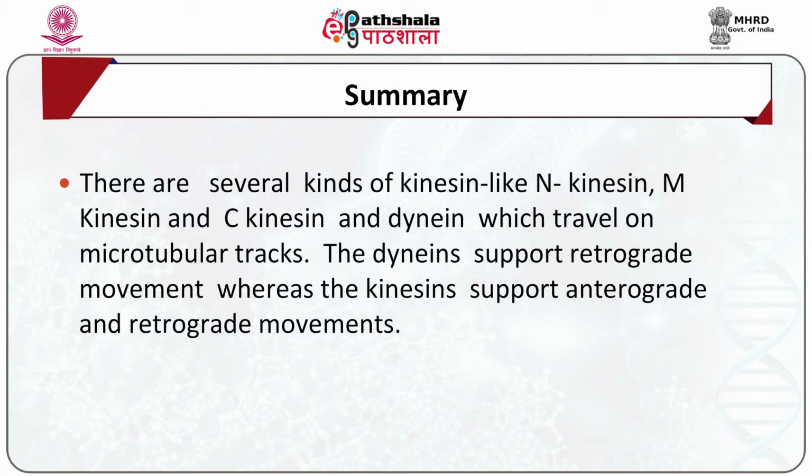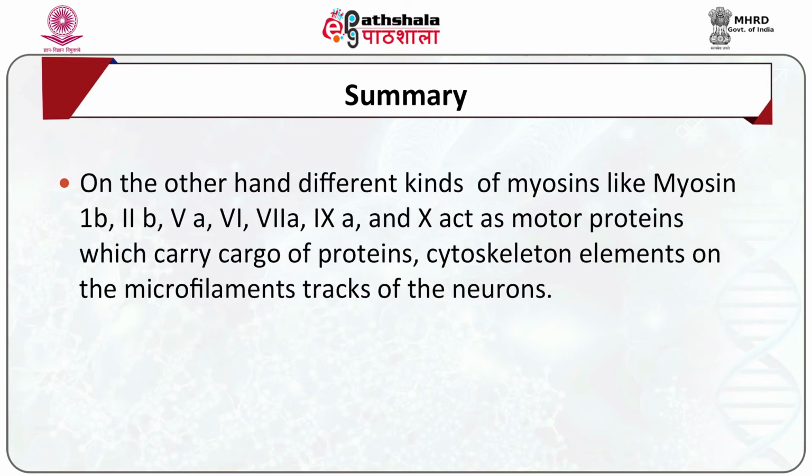The dyneins support retrograde movement, whereas the kinesins support anterograde and retrograde movements. On the other hand, different kinds of myosins like 1B, 2, 5A, 6, 7A, 9A and 10 act as motor proteins which carry cargo of proteins and cytoskeletal elements on the microfilament tracts of the neurons.